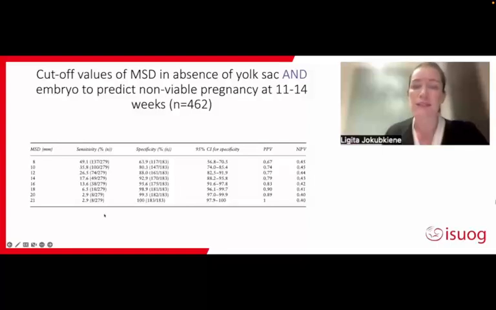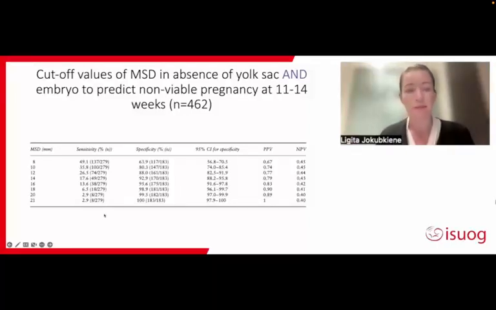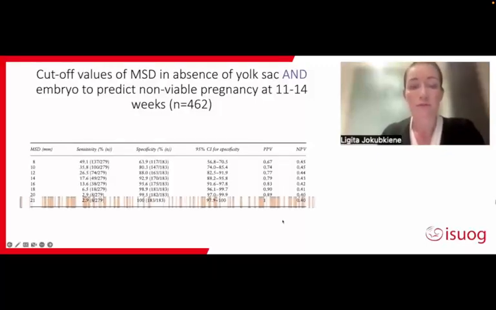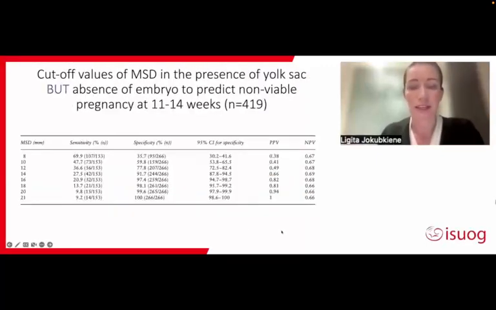Of course, sensitivity is very low in this case, but if we look at the specificity, which I think is the most important, because we do not want to miss any viable pregnancies and treat them as miscarriages, it was reached at 21 millimeters in diameter of gestational sac.